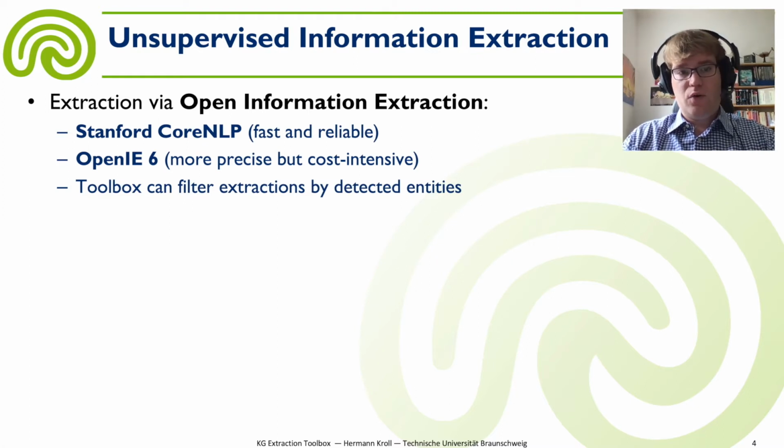In general, open information extraction yields many statements, and we only care about statements which involve domain-specific entities. So our toolbox supports a filter to automatically remove all statements that do not talk about previously detected entities. You can activate or deactivate this filter to clean the open information extraction output.